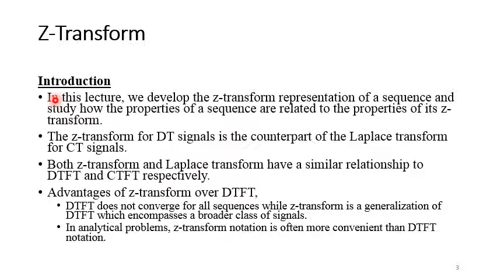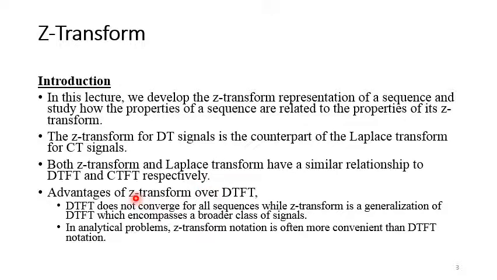As we said on the previous slide, the Z-transform for discrete time signals is the counterpart of the Laplace transform, which is used for continuous time signals. Both the Z-transform and the Laplace transform have a similar relationship to the discrete time Fourier transform and the continuous time Fourier transform respectively.